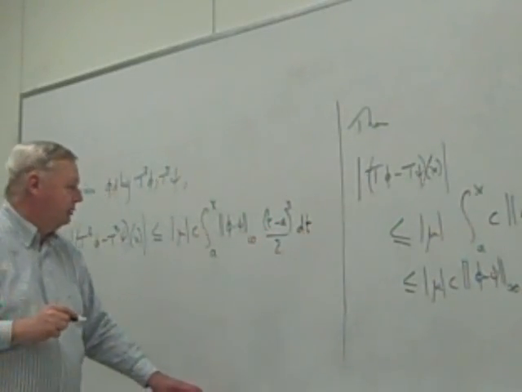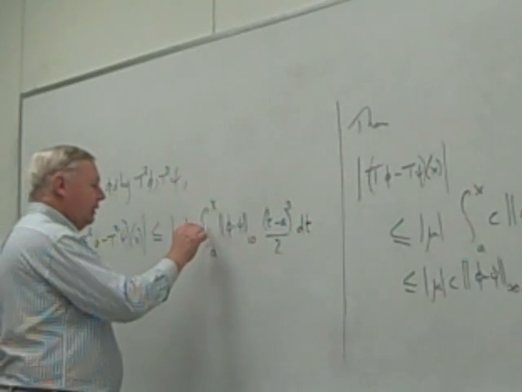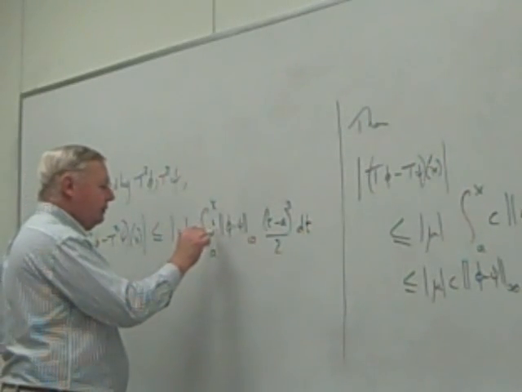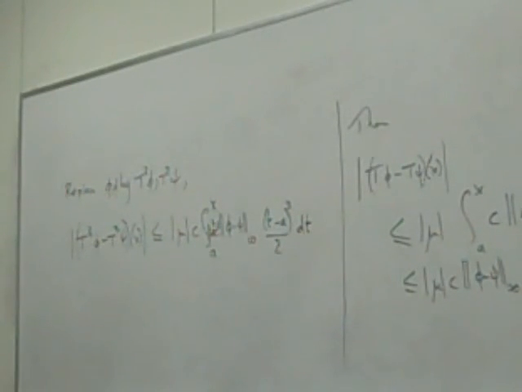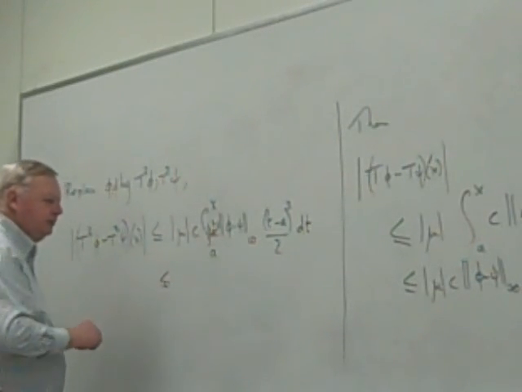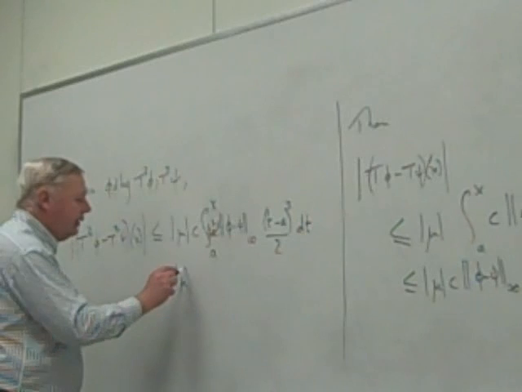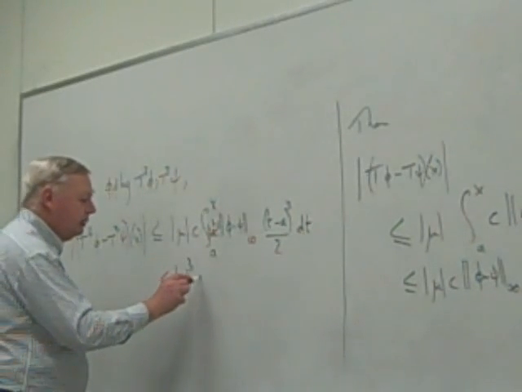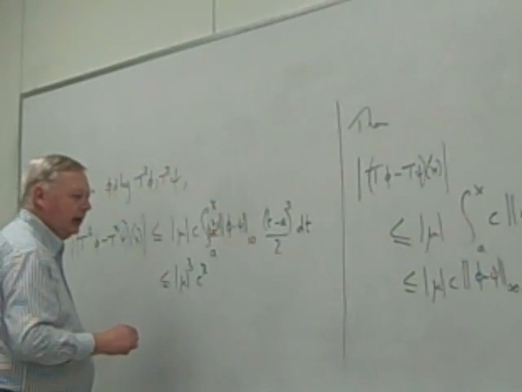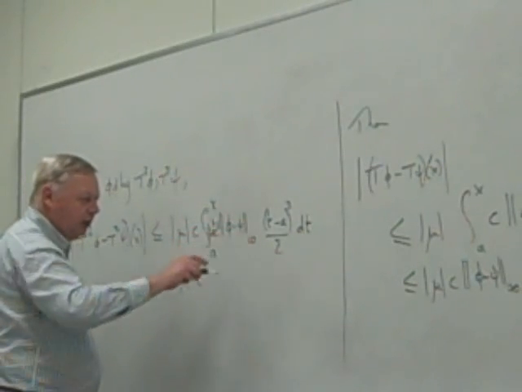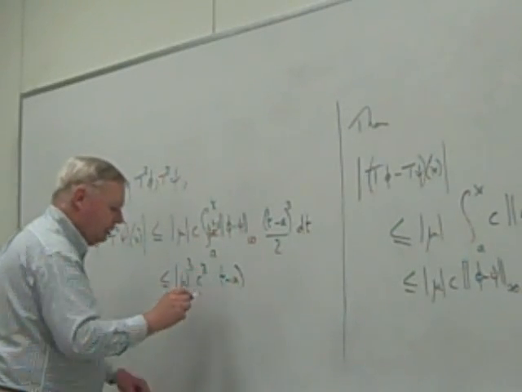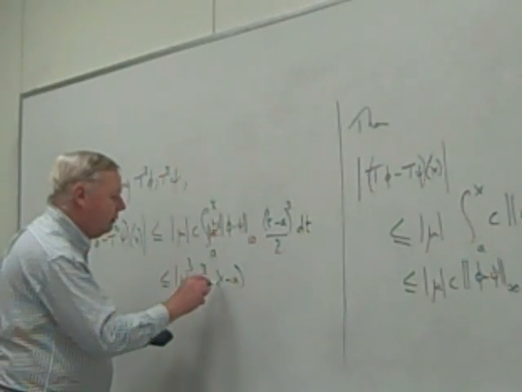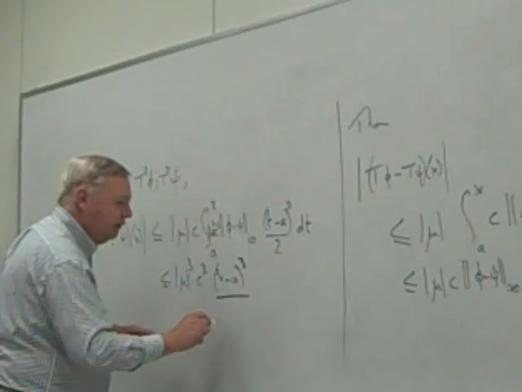integrated dt. And I also have a mu squared c squared coming from the previous estimate. And this time, when I integrate, I get that it's less than or equal to the absolute value of mu cubed, c cubed, and now I integrate t minus a squared over 2, which gives me x minus a cubed, divided by 3.